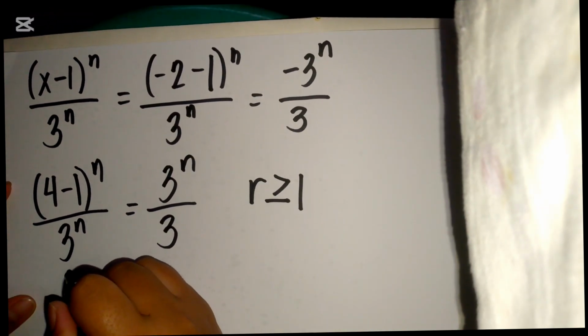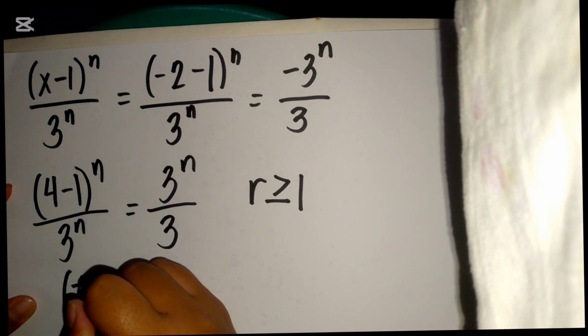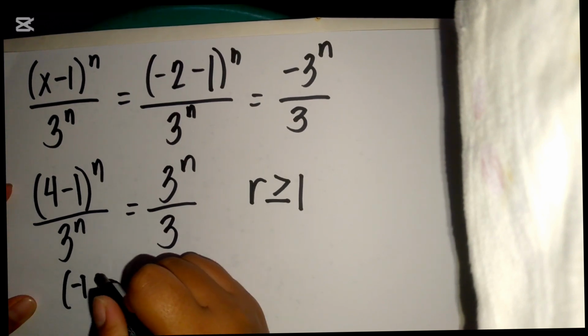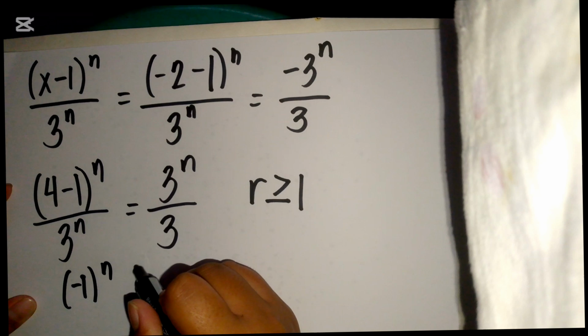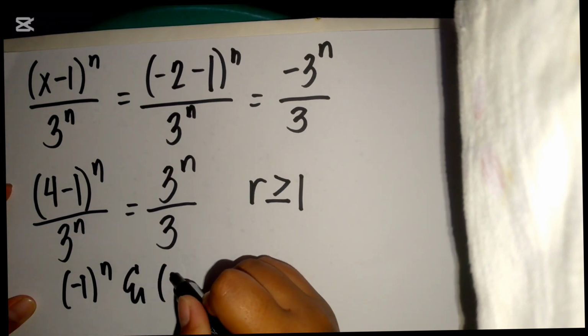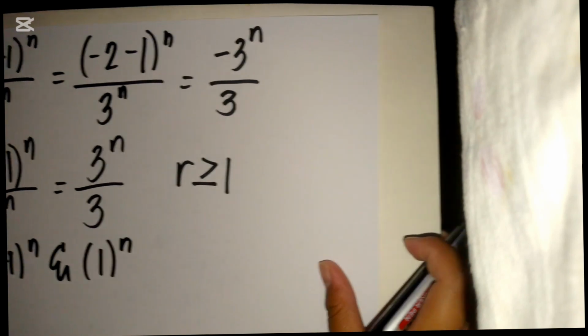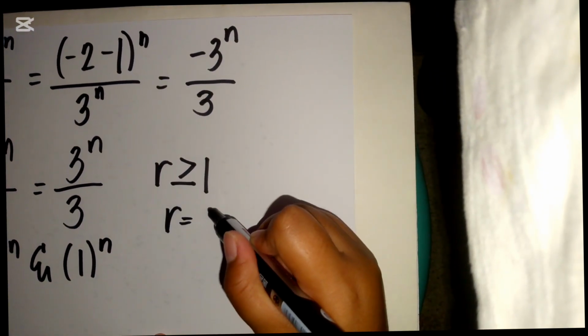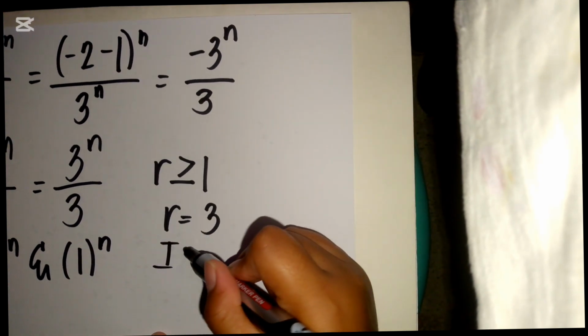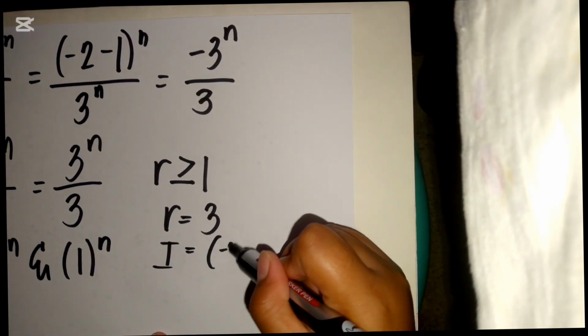So our result is negative 1 raised to n and 1 raised to n, which is also 1, and it will give us the radius of 3. The interval is negative 2 and 4, and our center is negative 1.